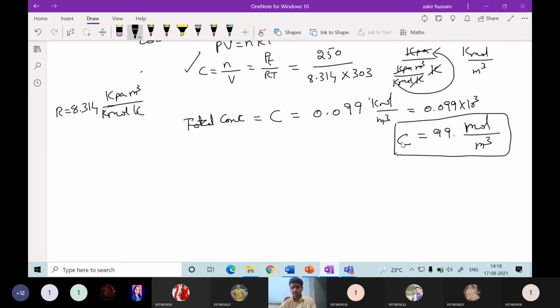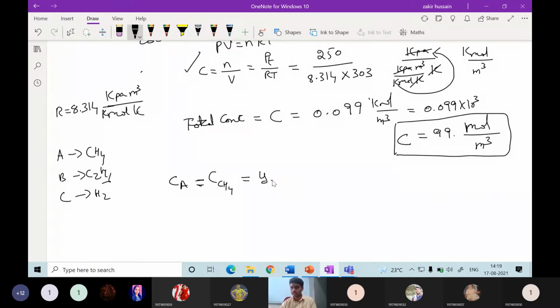So now we got this one. Now we can calculate Ca, concentration of CH4. If A is CH4, B is C2H6, C is H2. CCH4 is equal to Pa by RT. There is no partial pressure of A given here, but we have a mole fraction.